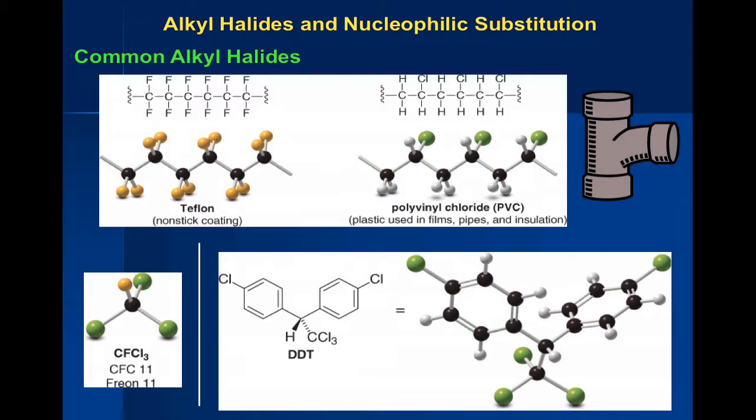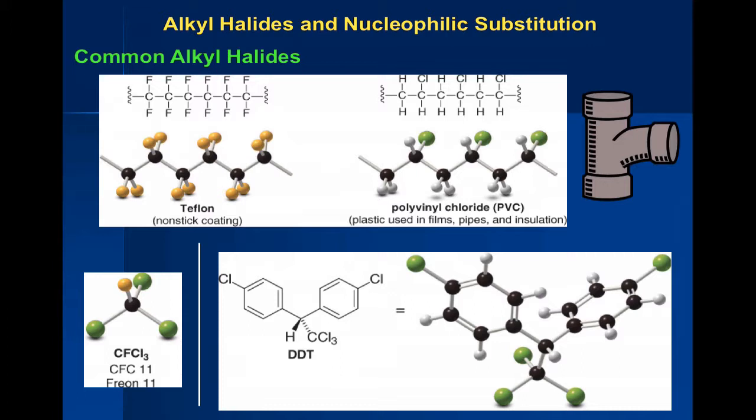What comes first, F or C? C. So it would be trichloro, fluoro, what's the parent? Methane. That's right. It is trichlorofluoromethane. Now, can you imagine having somebody come to your house and say, I need to replace your trichlorofluoromethane? They don't do that. They say, I need to put some Freon in your air conditioner, right? And if it was an old-timey air conditioner, it might have been C11 or Freon 11.